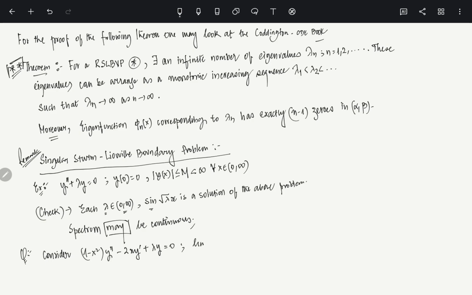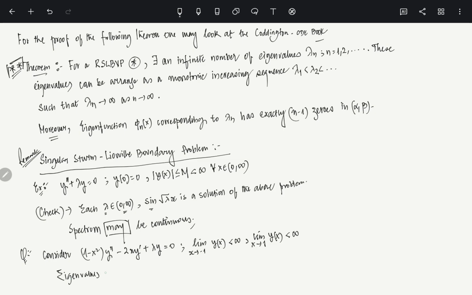The conditions on the solutions are that the limit of y(x) as x tends to minus 1 is finite, and the limit as x tends to 1 is finite. I have limits at two points, minus 1 and 1, so y(x) is finite. Now I want you to find the eigenvalues of this problem.